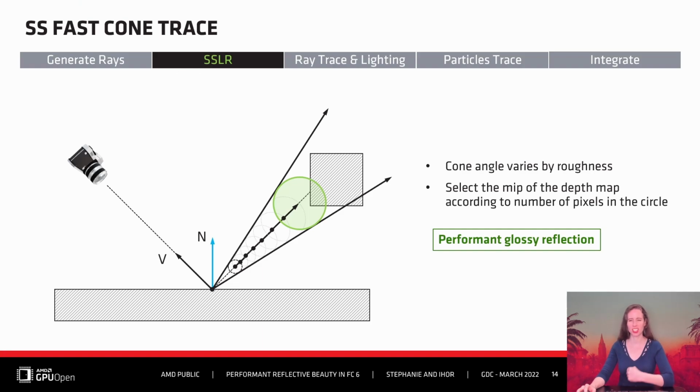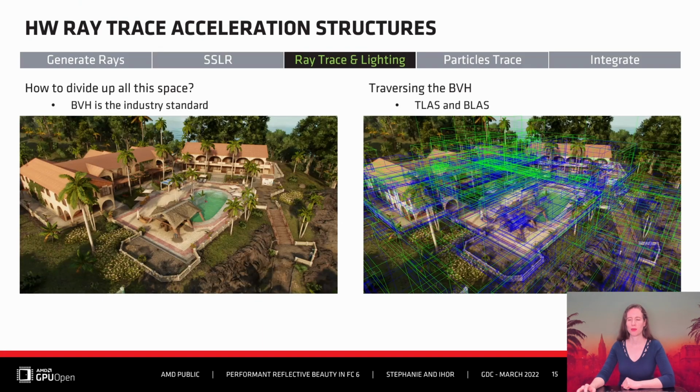glossy reflections. Yes! We begin looking at the hardware-accelerated ray tracing in Far Cry 6. Even with all the hardware advancements, the cost of tracing rays in world space is still tremendously high. Certain industry standards have emerged to help. On the left side is a typical scene in Far Cry 6.